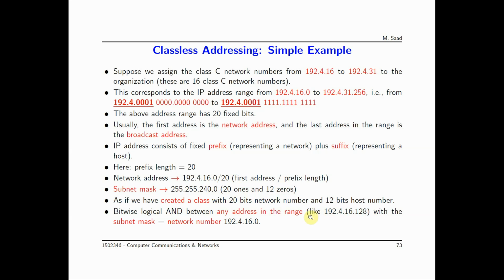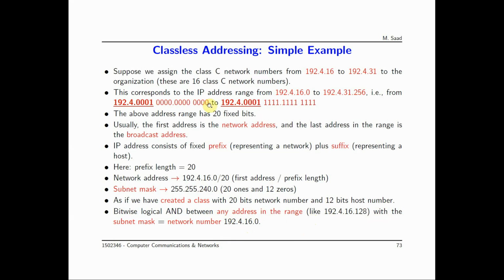The result of this bit by bit logical AND operation will be as follows. The first 20 bits of this address will be preserved as they are, but the last 12 bits will be replaced by zeros. Of course, we can do that in binary very easily and then convert into decimal, and you will find that the answer is 192.4.16.0. It's not surprising. What is 192.4.16.0?